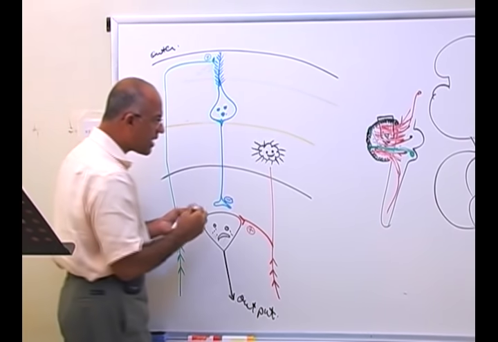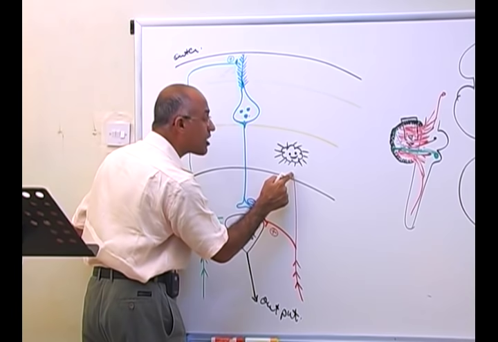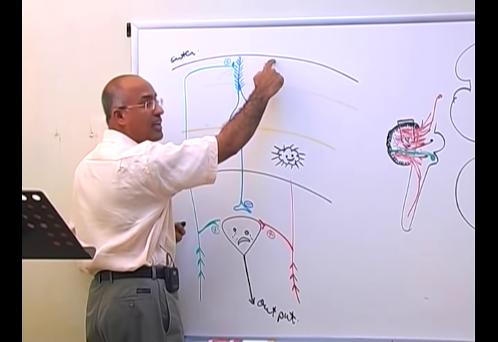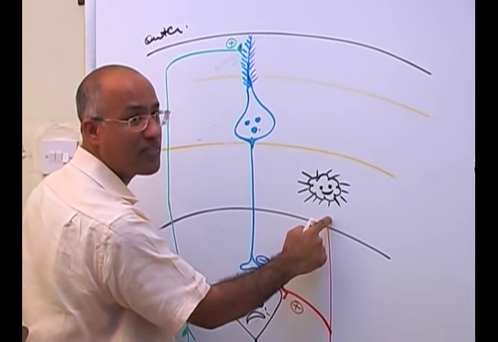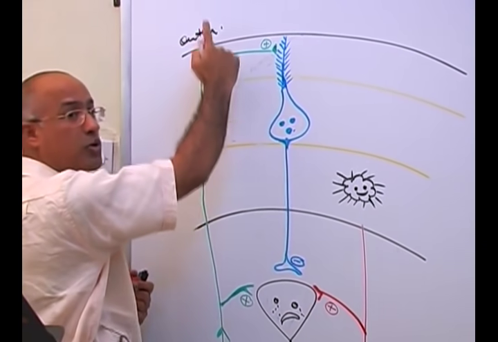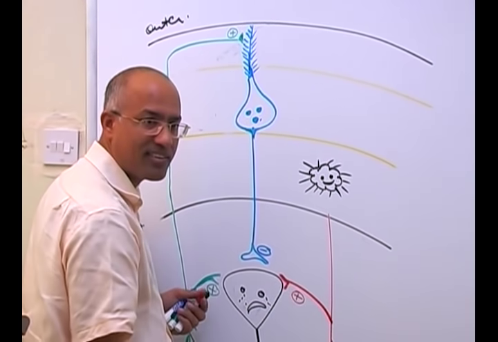And this mossy fiber is not going to climb up to the outer layer of cortex. So of course this is not a climbing fiber. You understand that climbing fibers are going to climb all the way. Mossy fiber will end up at granular cells.